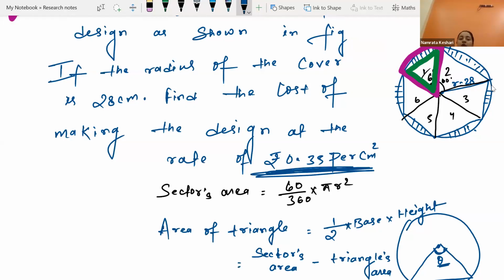What will be the total cost to make the design at 0.35 per centimeter square.